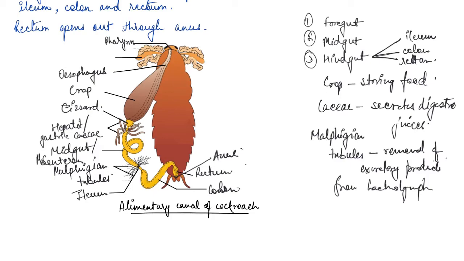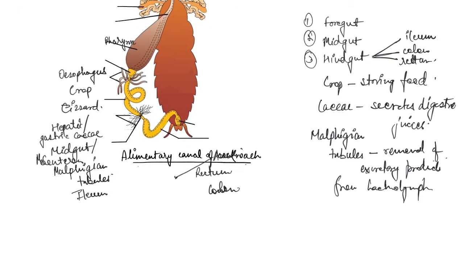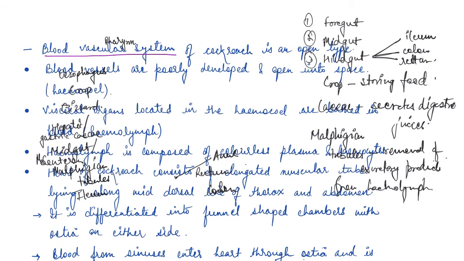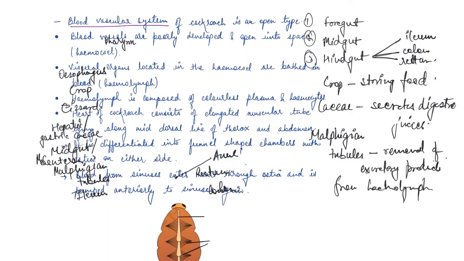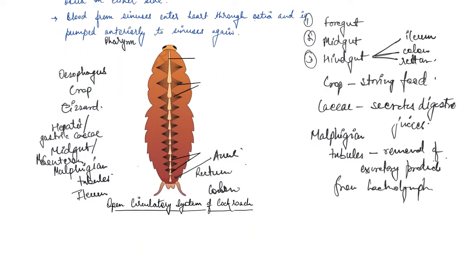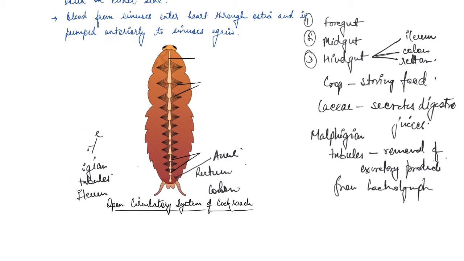Now let's move towards the vascular system. Let's see what vascular system is. Again, I'll explain it with the help of the diagram itself. This is the vascular or circulatory system, guys. In cockroaches, the blood vascular system is open type, unlike earthworm, where it was closed type.